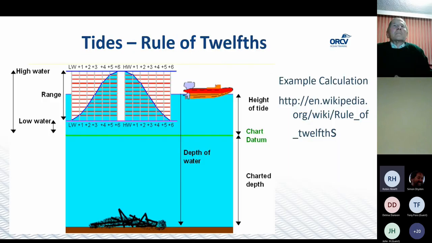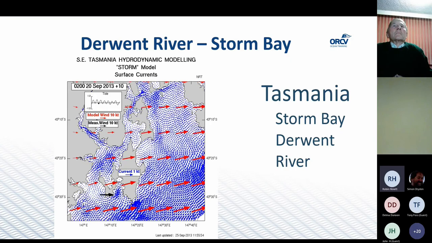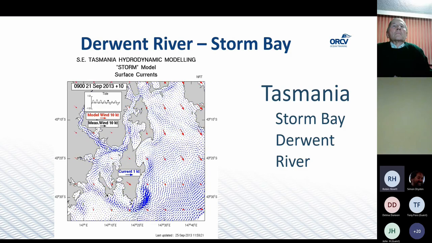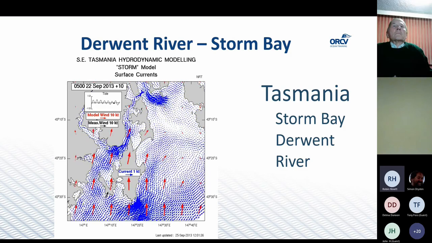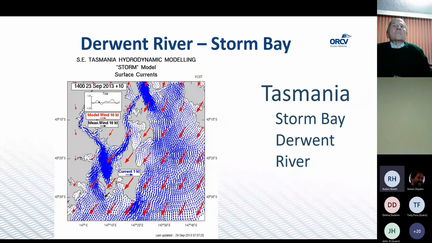And that's the rule of 12, so it's in your notes once again there. This is an extremely useful thing because current flows and everything all follow the same kind of pattern. And this is showing the Derwent Valley, or this is Storm Bay actually, from the Derwent River.